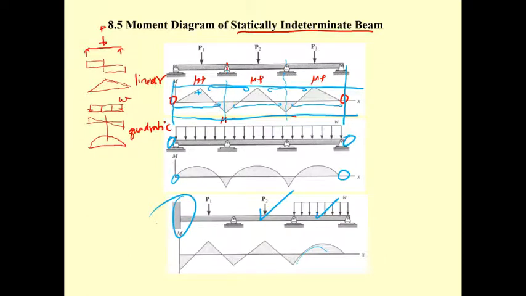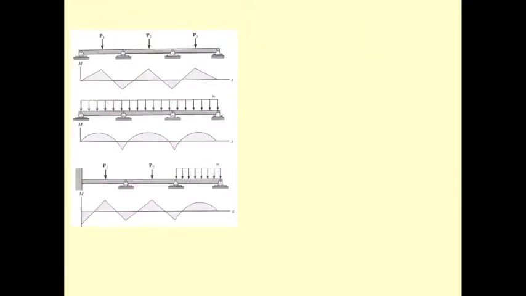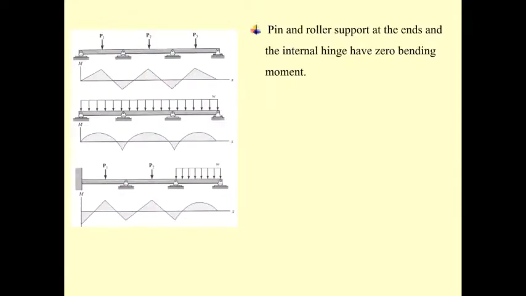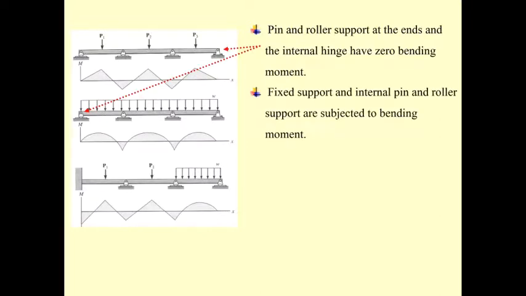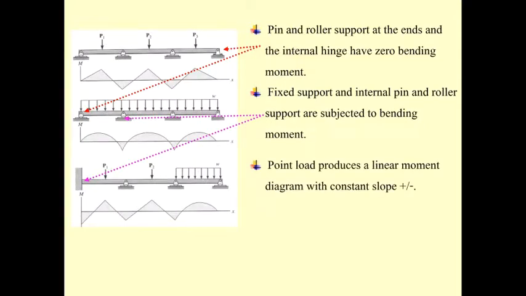And if the support changes from the pin or roller to the fixed support, there is going to be a moment here. So this is the conclusion. Pin and roller support at the end has zero moment, also the internal hinge. Fixed support and internal pin and roller are going to have some moment.